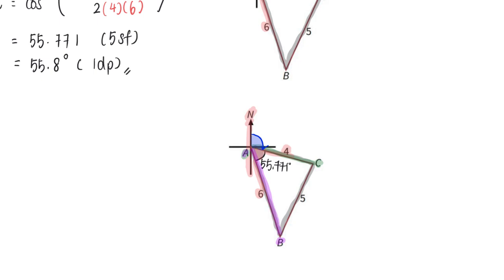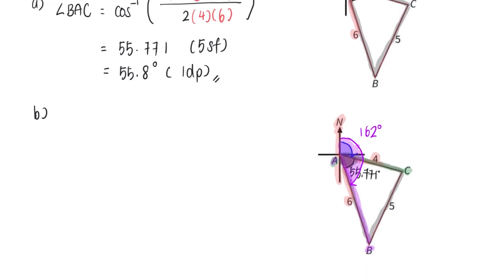So the question already tells me that this whole part is 162 degrees. This is 55.771 degrees. So what do you think we can do to find the blue color bearing?